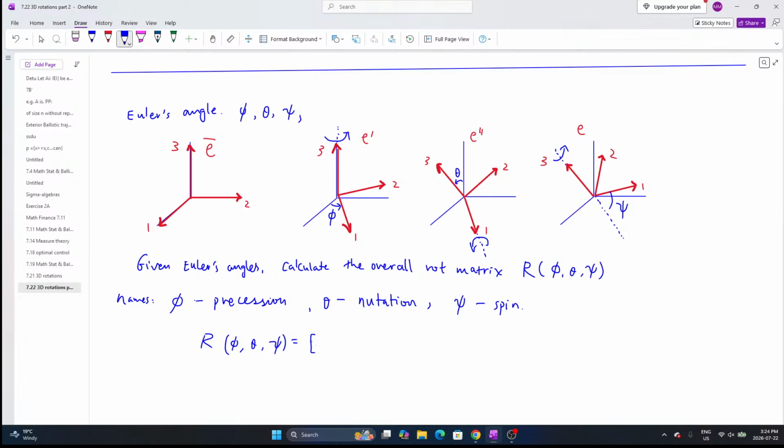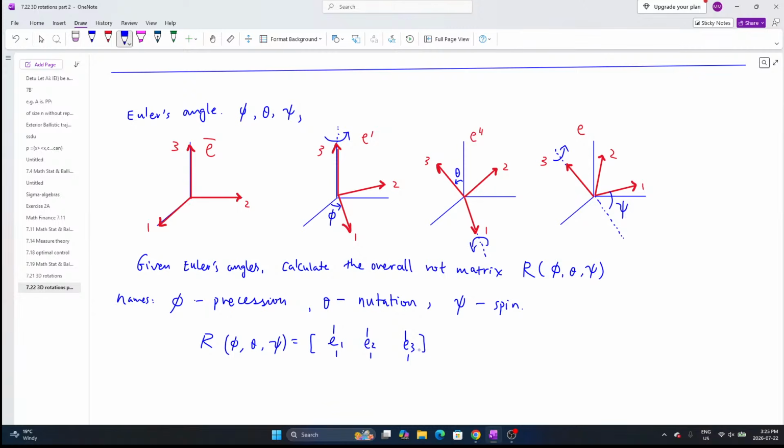The three columns are in E1, E2, E3. So in the final configuration, we just need the vectors E1, E2, E3. That'll be it.